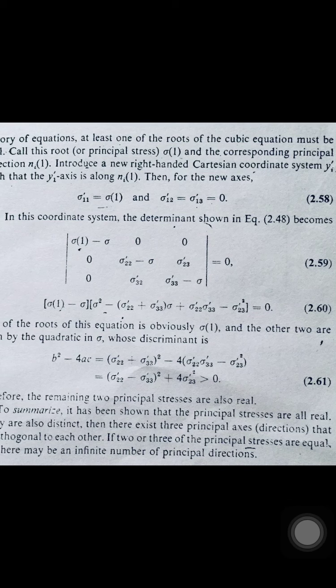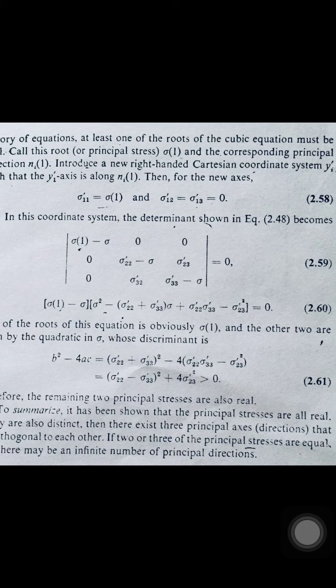So by equation 2.61, b square minus 4ac is greater than 0. It means the remaining two roots are real. One root was already taken real, and the other two are real, as we proved. So by this theorem all the principal stresses are real. This is our second theorem.